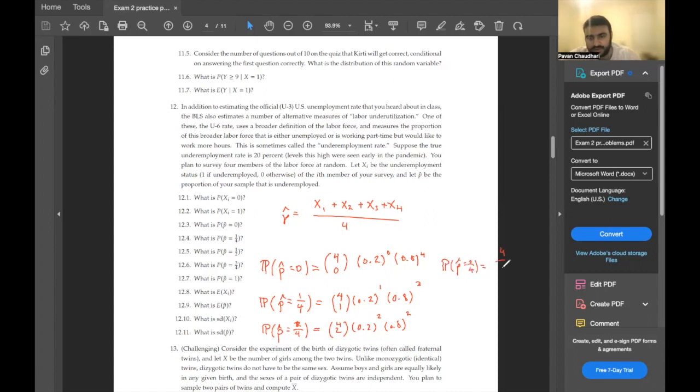It's going to be 4 choose 3, 0.2 to the 3, 0.8 to the 1. And then lastly, probability P hat equals 1 equals 4 choose 4, 0.2 to the 4, 0.8 to the 0.